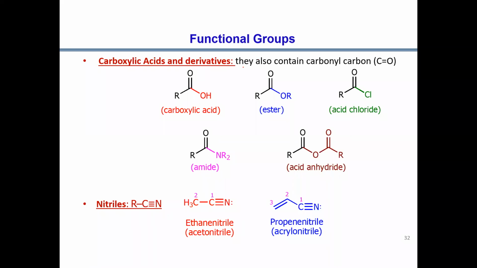Carboxylic acids are organic compounds which contain the carbonyl group. As you can see here, they have the carbonyl group over here. Along with the carbonyl, they also have this OH, so we can simply write them as COOH.